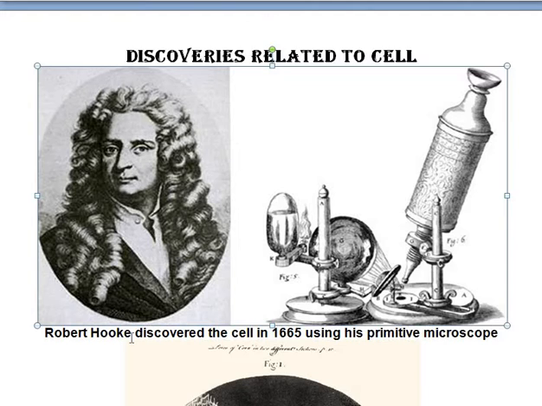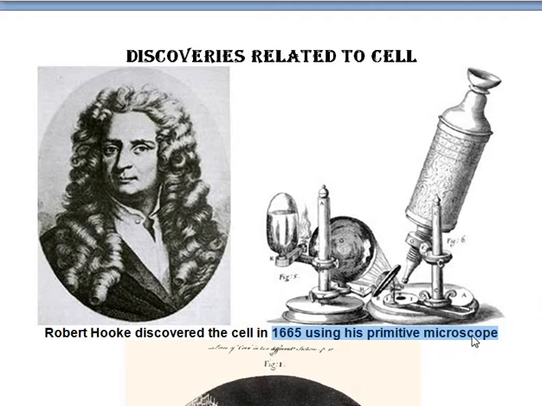So here in this picture, it is Robert Hooke who discovered the living, not the living cell, but the dead cell in 1665 using the primitive microscope. He used this microscope.